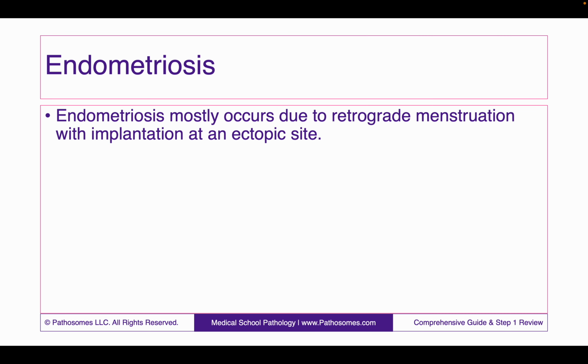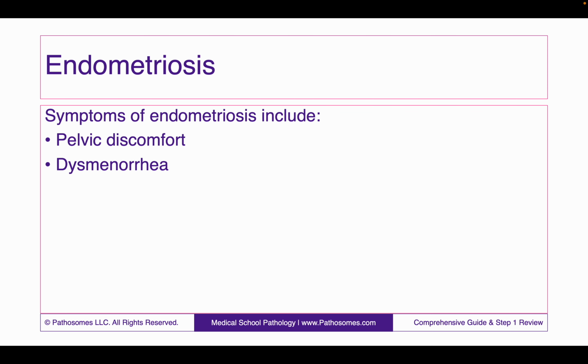Endometriosis mostly occurs due to retrograde menstruation with implantation at an ectopic site. Symptoms of endometriosis include pelvic discomfort and dysmenorrhea.